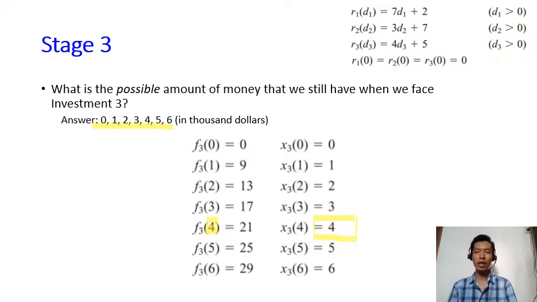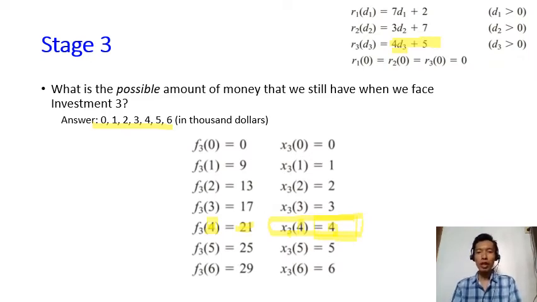Just invest it. At least you will get some return, right? So if you still have $4,000, then you invest those $4,000, and the return would be 4 times 4 plus 5, so $21. And here it says X34 is the decision at stage 3, when you begin this stage with $4,000 on your hand, would be investing those $4,000 to investment 3.